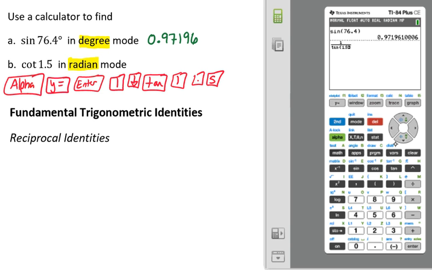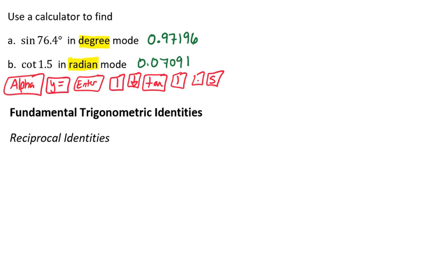There we go. Of 1.5. There we go. And now we hit enter. And here we're going to get a value of 0.07091484443, which will round to 0.07091.